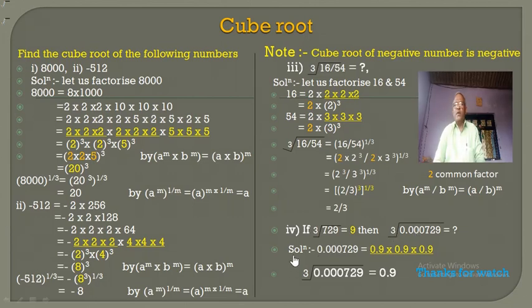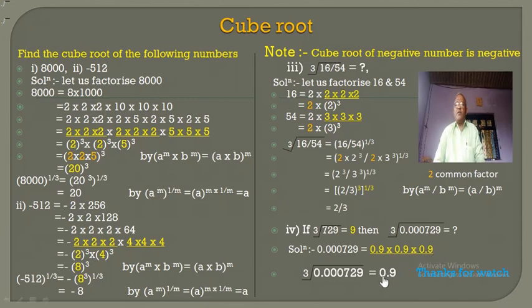Solution here, 0.000729 is equal to 0.9 into 0.9 into 0.9.